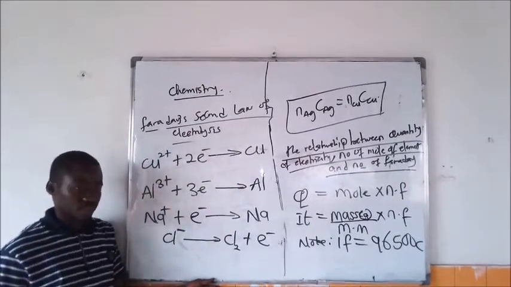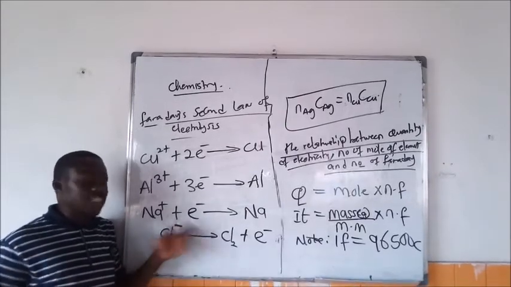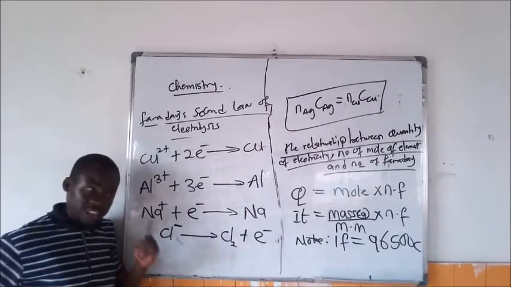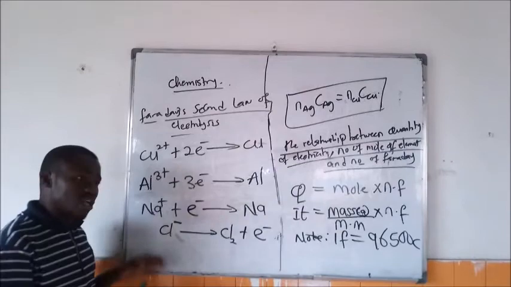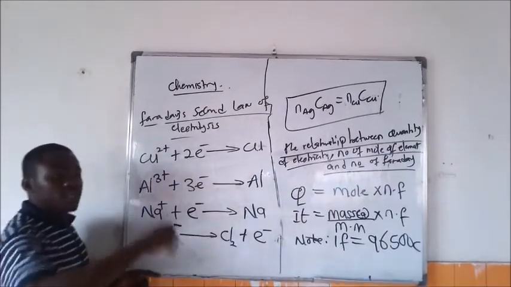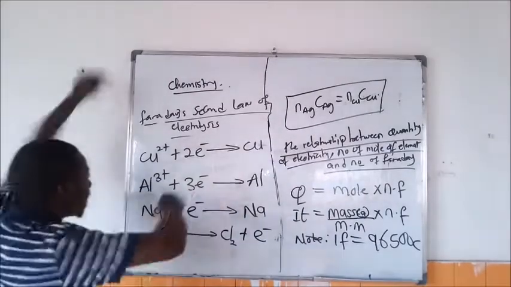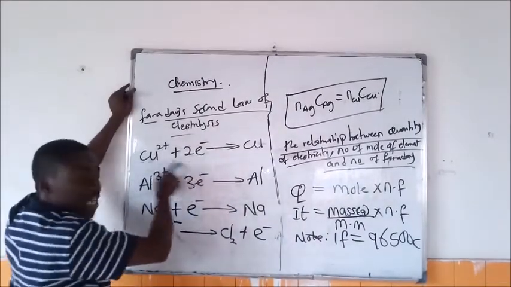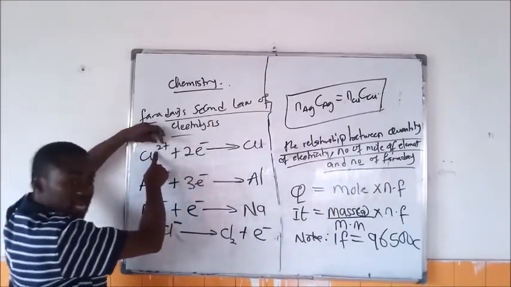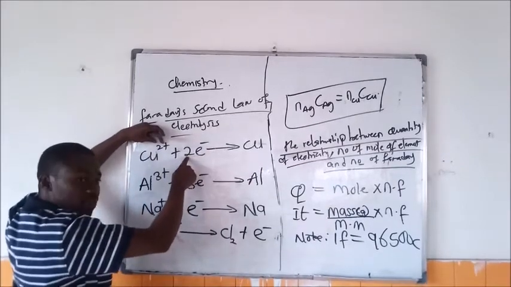Electron minus. What we are interested in balancing of electron is that the total charge on the left hand side must be equal to the total charge on the right hand side. If you look at this one now, what is the total charge here? You have plus 2 here, and you have minus 2 here.